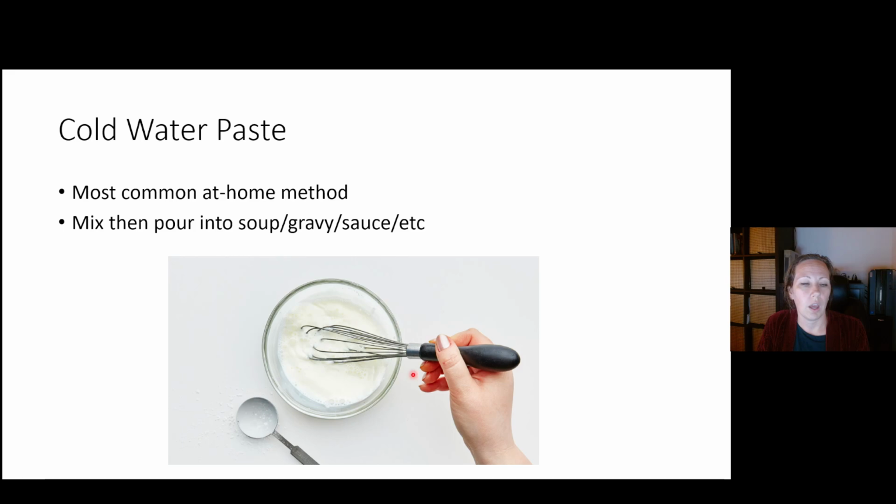And so you mix that well until it is finely dispersed, and then you can pour it into your soup or gravy or sauce or whatever it is that you are making. And you can pour that into the hot liquid too, without ill effects.